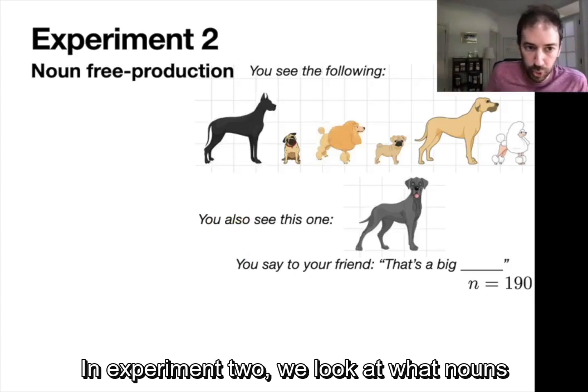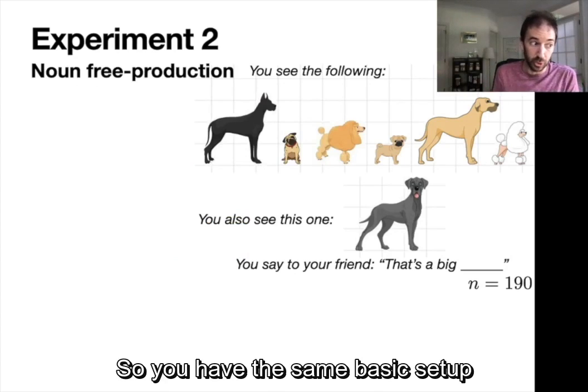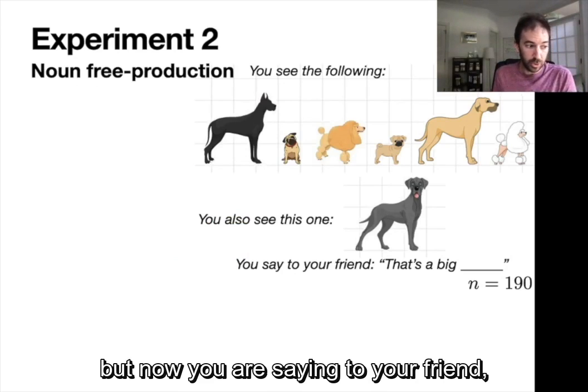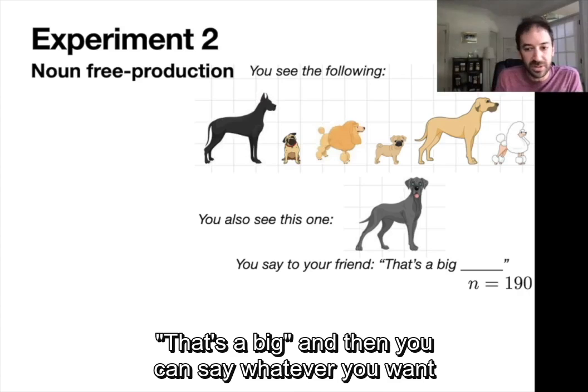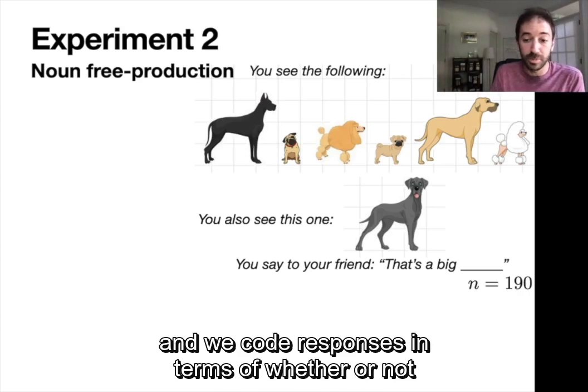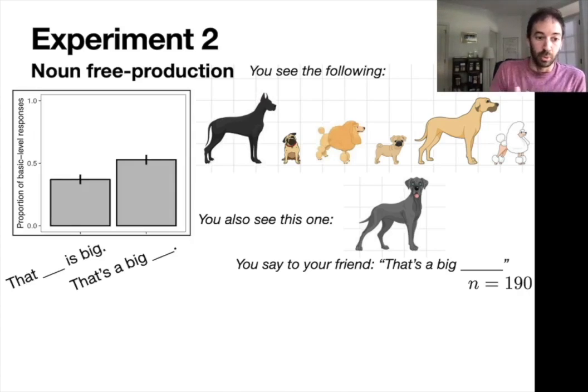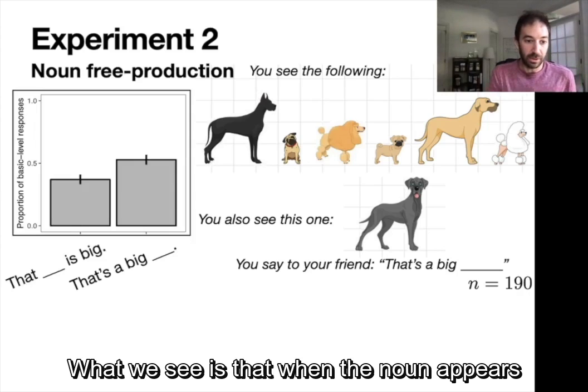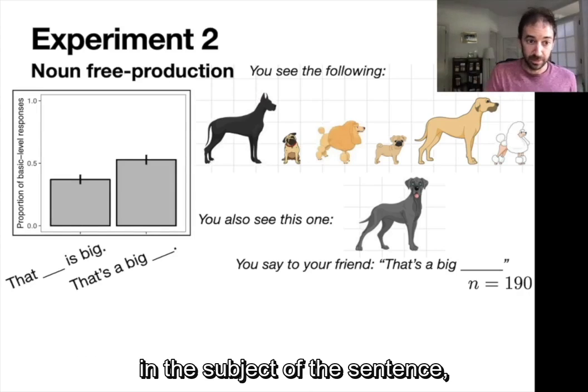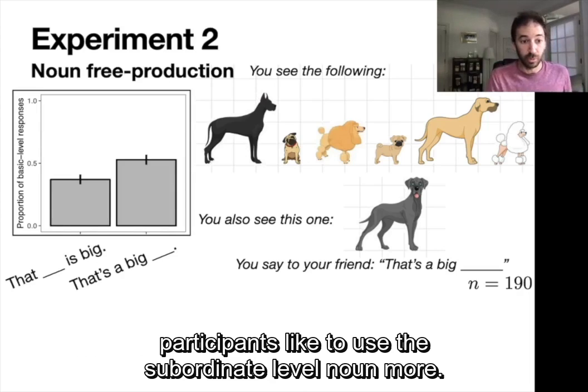In experiment 2, we look at what nouns participants freely produce. So you have the same basic setup, but now you are saying to your friend, that's a big, and then you can say whatever you want. And we code responses in terms of whether they're a basic level noun or a subordinate level noun. What we see is that when the noun appears in the subject of the sentence, participants like to use the subordinate level noun more.